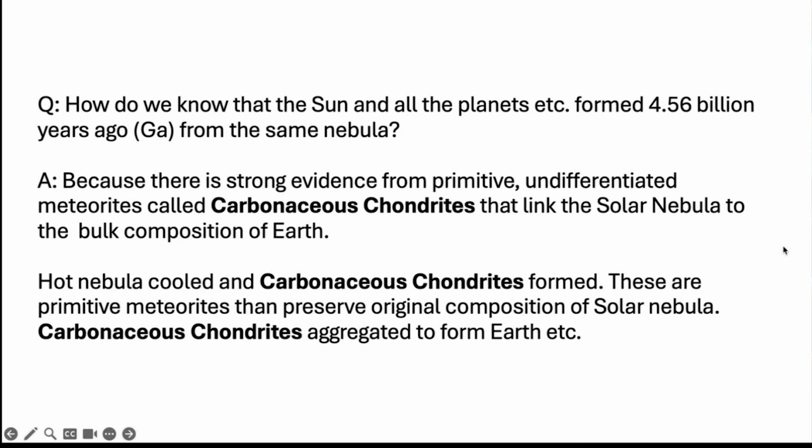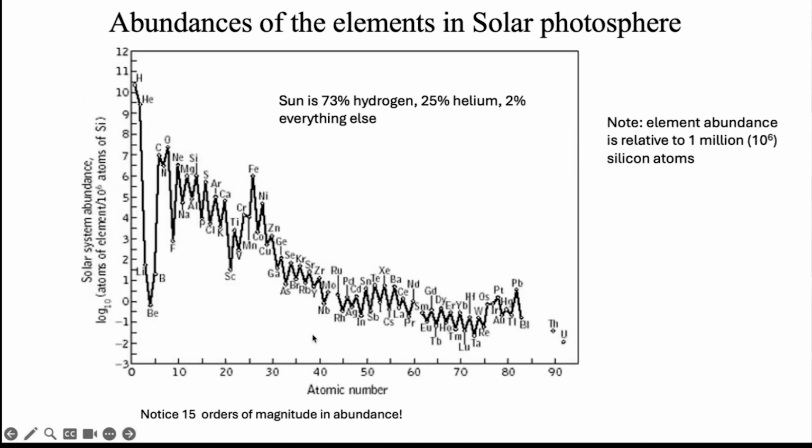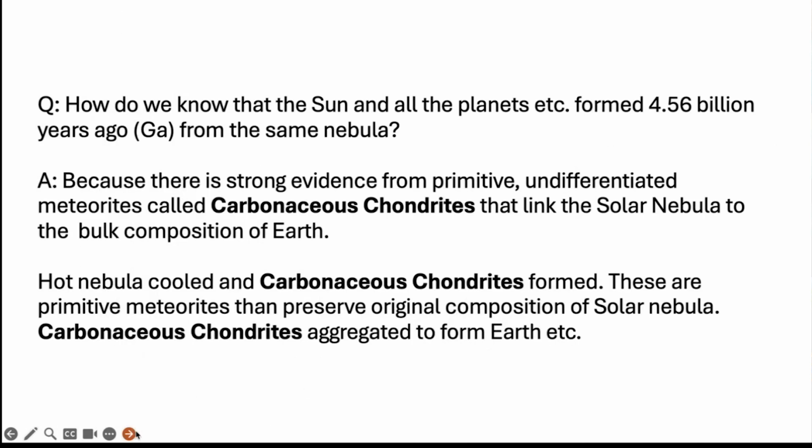So the way that we think about carbonaceous chondrites and the origin of the solar system is that the hot solar nebula cooled and carbonaceous chondrites formed from the condensing matter.